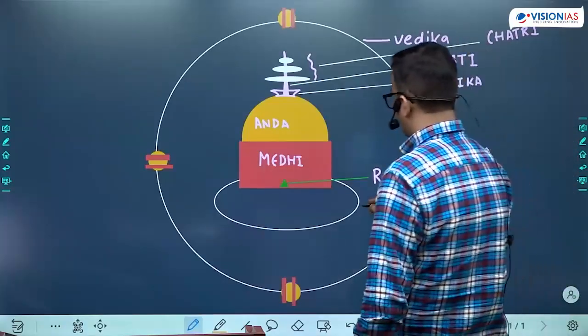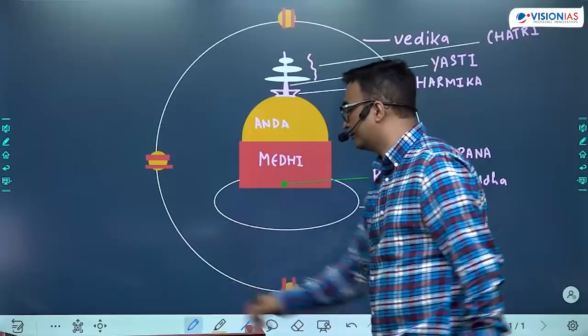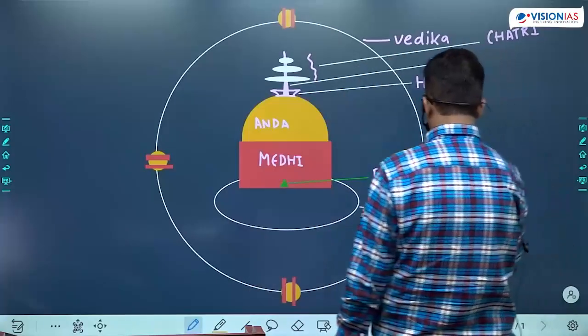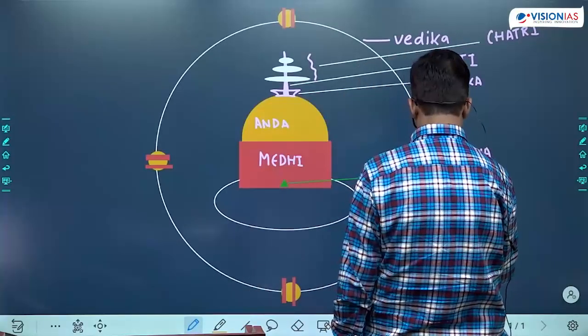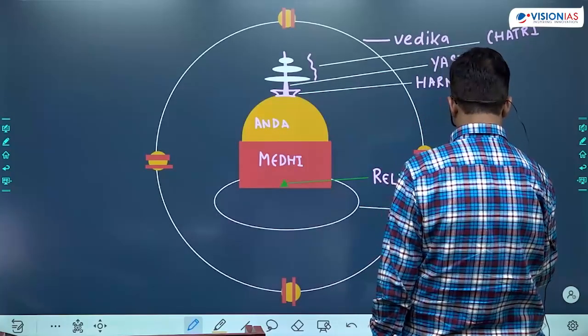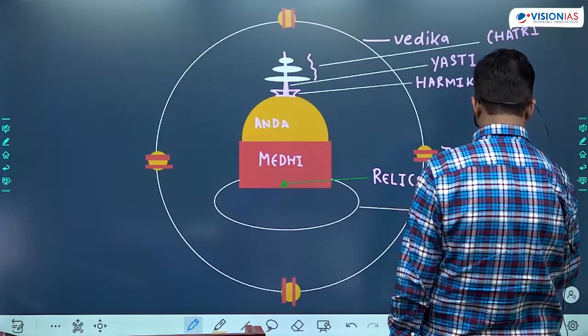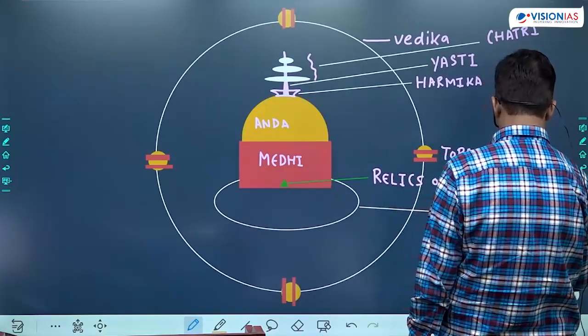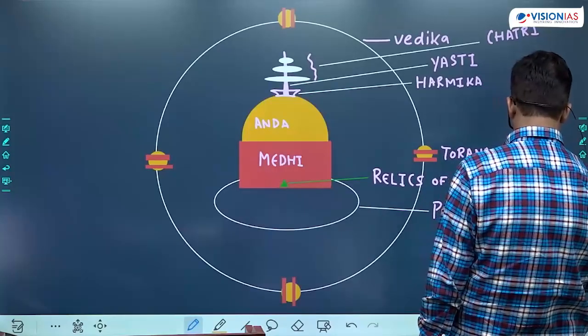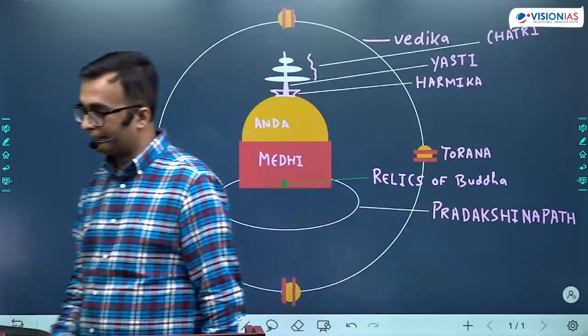And this is Pradakshina Path. Ambulatory passageway.